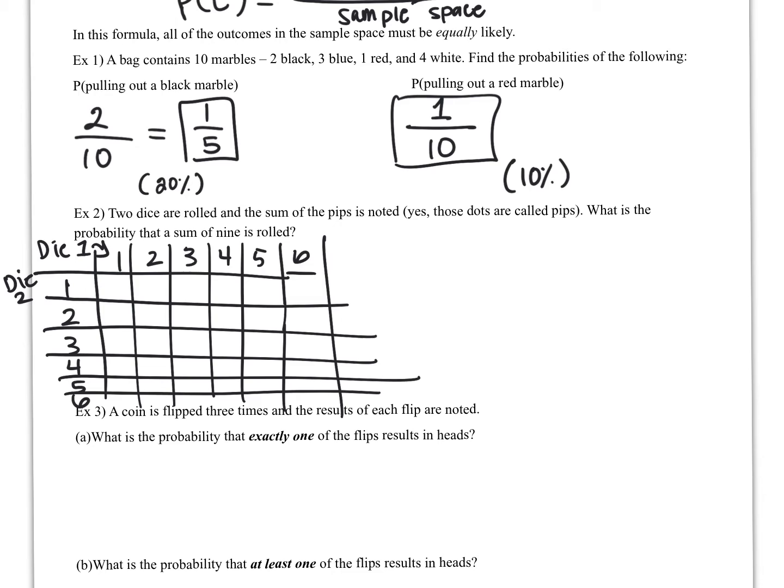What I can do is, for each row and column, add the 2 dice. Like if die 1 is a 1 and die 2 is a 1, their sum is 2. If I get a 2 and a 1, their sum is 3. Then you just keep moving across. Then what if the first die is a 1, but the second one is 2?